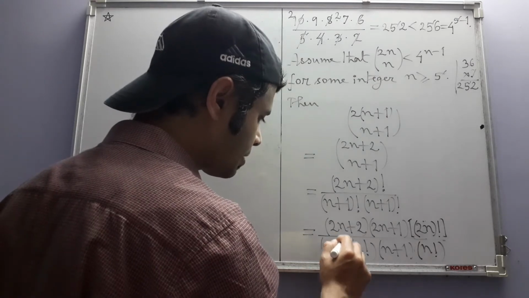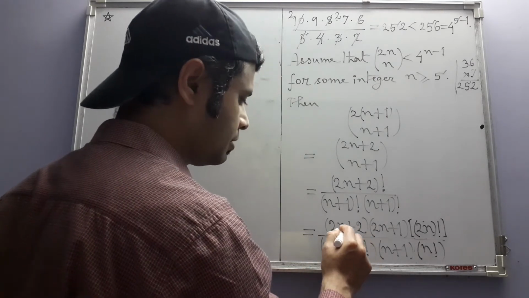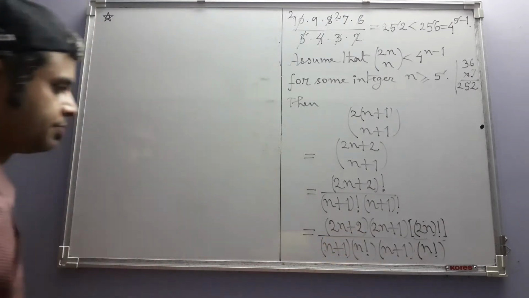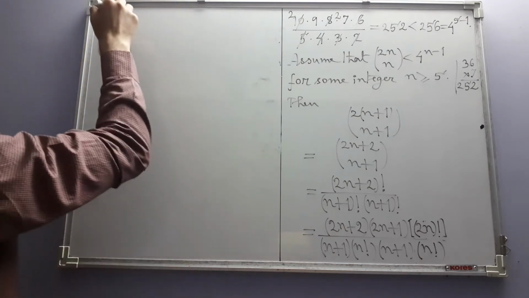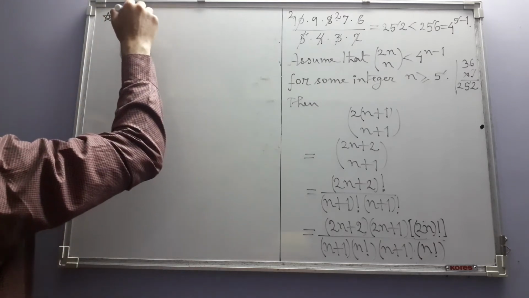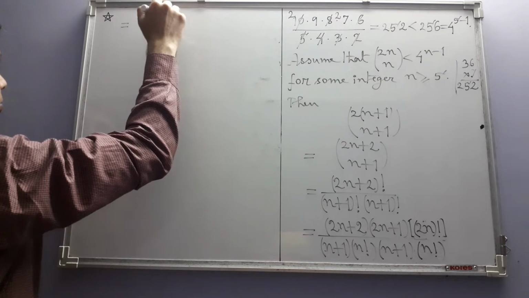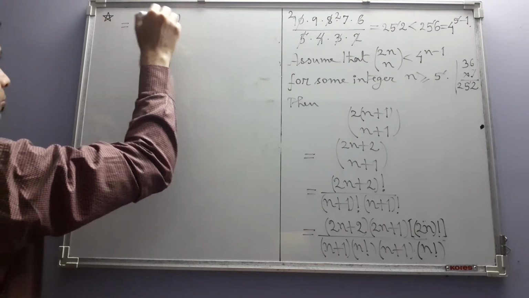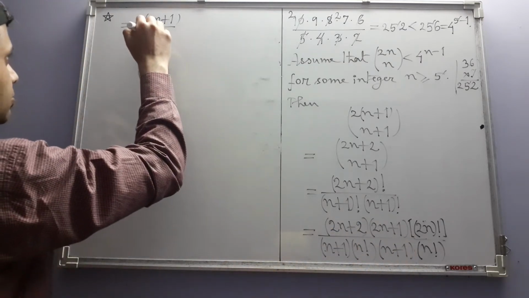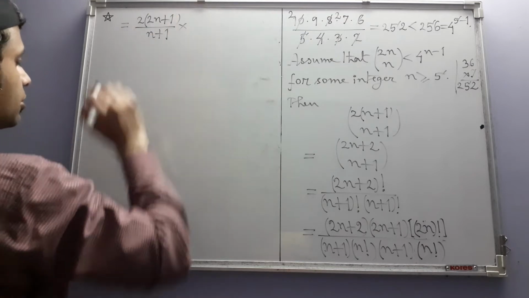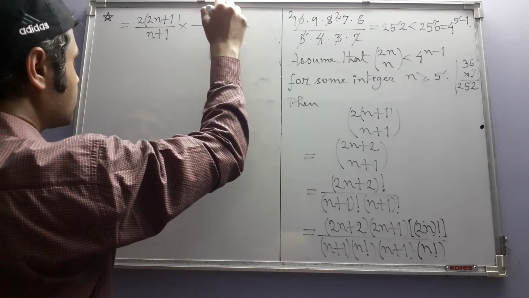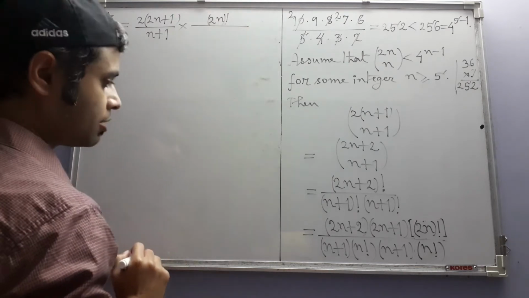You can cancel n plus 1 and here you will get 1 over n plus 1. Cancelling those two terms you get 2 in the numerator. So after that cancellation, this will be 2 times 2n plus 1 divided by n plus 1 times, now in the numerator we originally had 2n factorial.